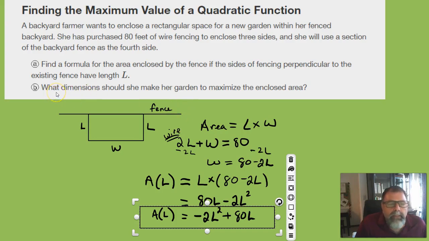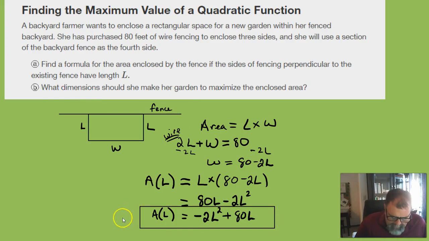Okay, so that's A. Now B, what dimensions should make the garden a maximum? Well, that's basically asking what's the maximum value of this parabola, and we know that this is a parabola that opens downward since a is -2, so that opens down.